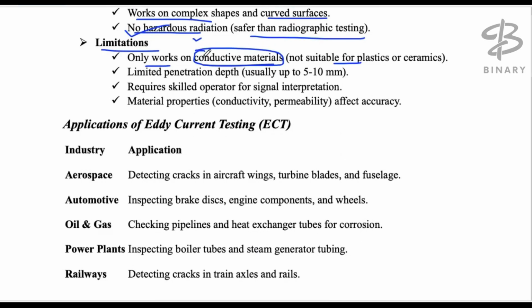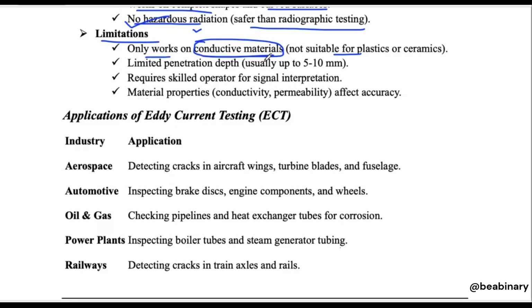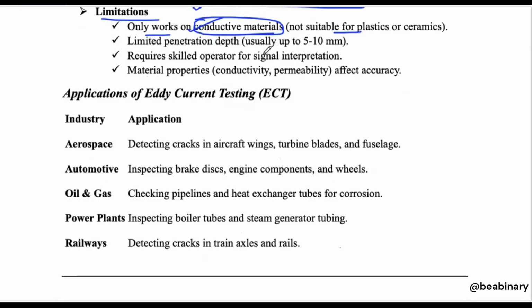So we are dealing with current, and current can only be seen if the material has a conductive nature. Otherwise we cannot see the electric current passing through the material. That's why this is a very big limitation: only conductive materials can be inspected with this technique. Limited penetration depth, usually only up to 5 to 10.